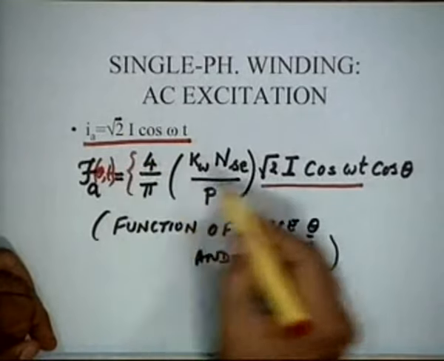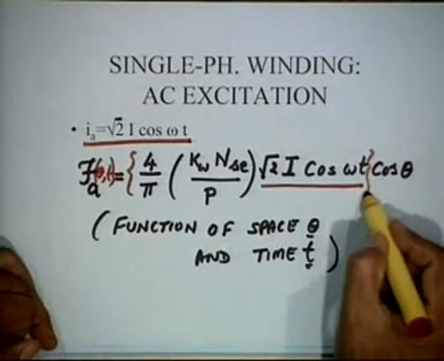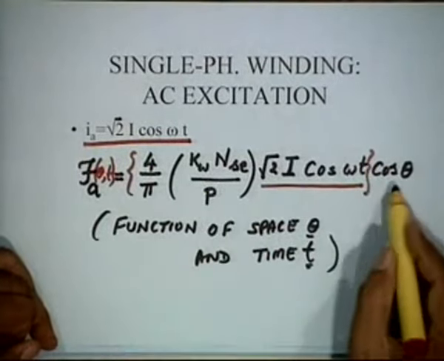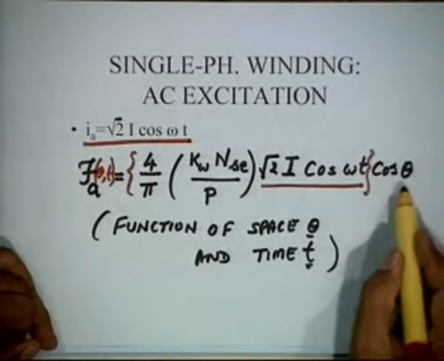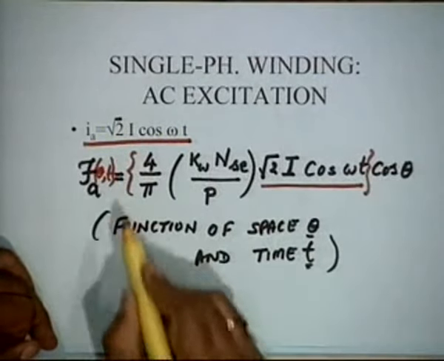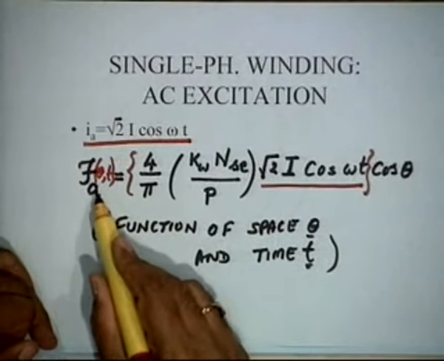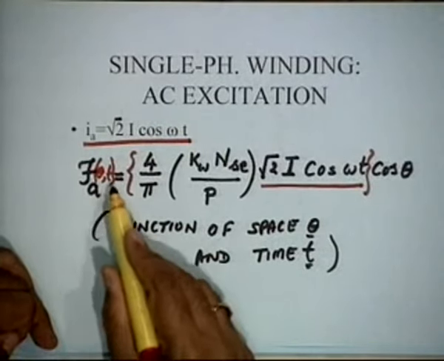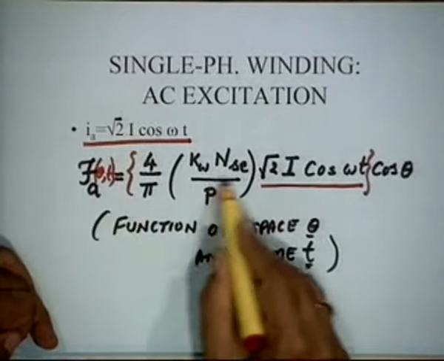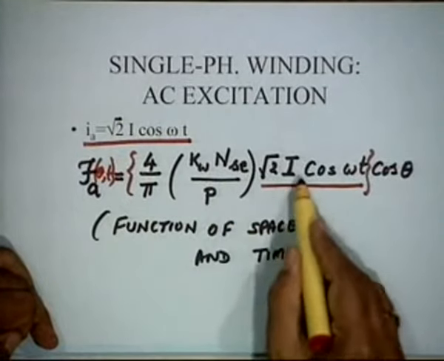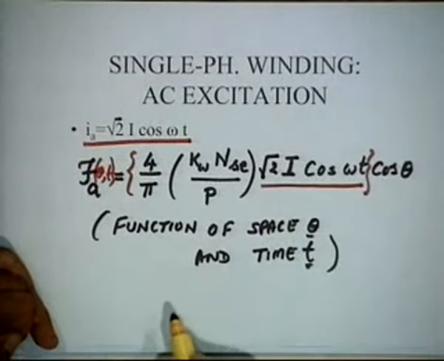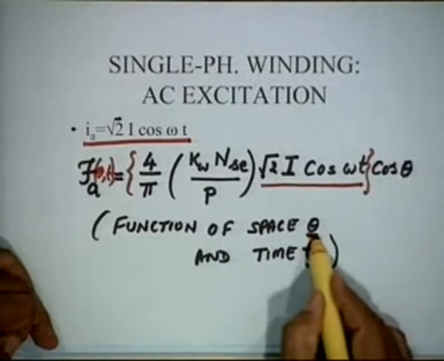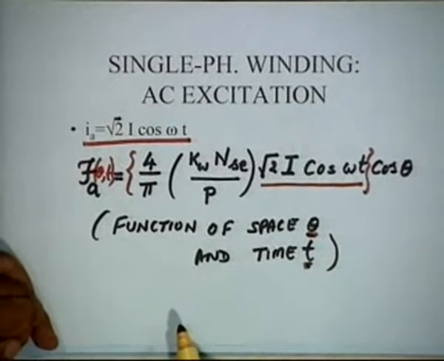So, you have the maximum along the axis, but at other positions theta it will have cos theta. So, it is a function of theta and time. So, the MMF as a function of theta at time t will be a constant into cos omega t cos theta, which is a function of space theta and time t, right.